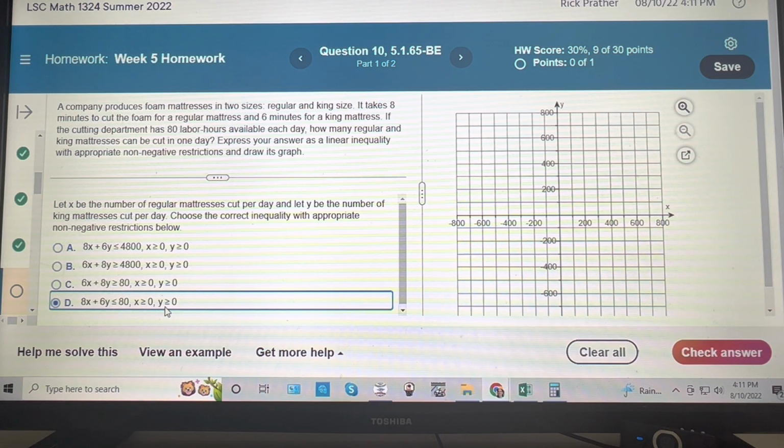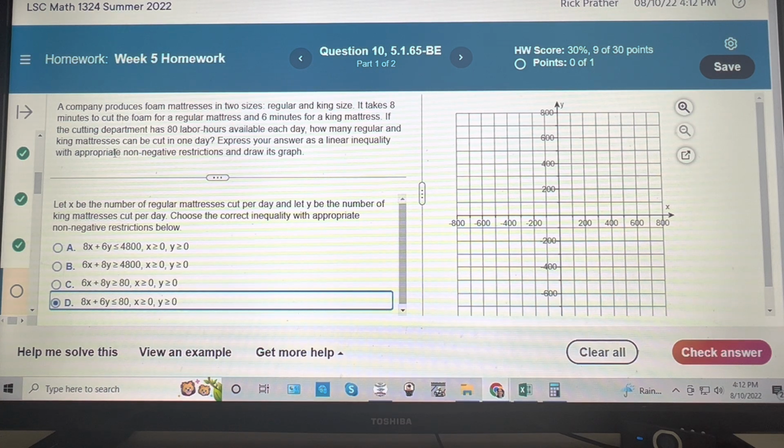If we had unlimited resources, we could make all the mattresses in the world, but we have the costs of buying the materials, we have the costs of the labor to pay employees. So these are called constraints. You're constrained to this here, and your solution when you're looking for how many regular and how many king size should I make to maximize my profits or minimize my costs, it's constrained by certain things, whatever's in this paragraph.